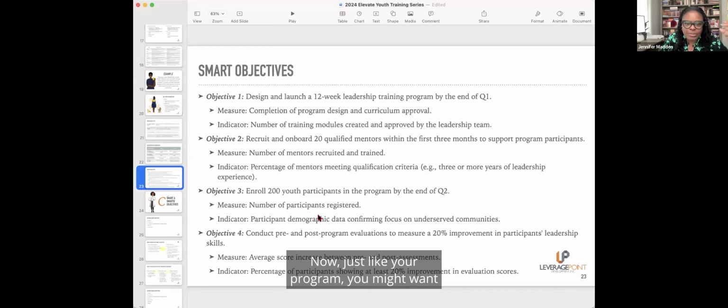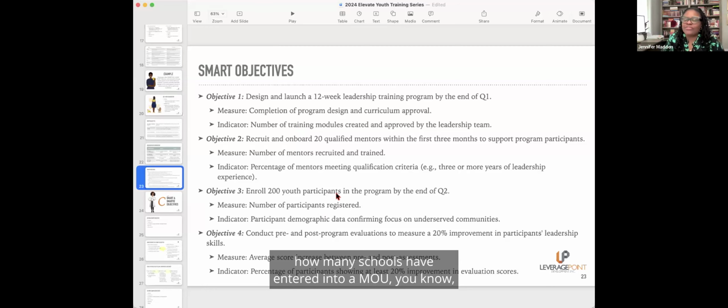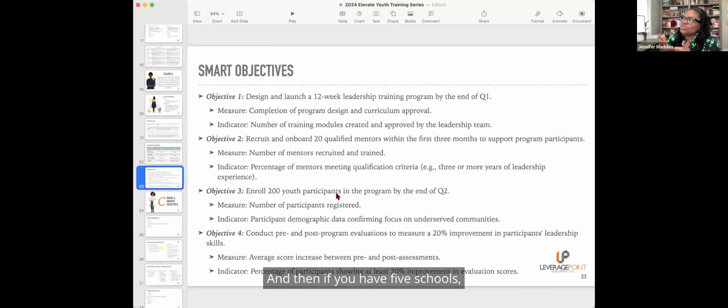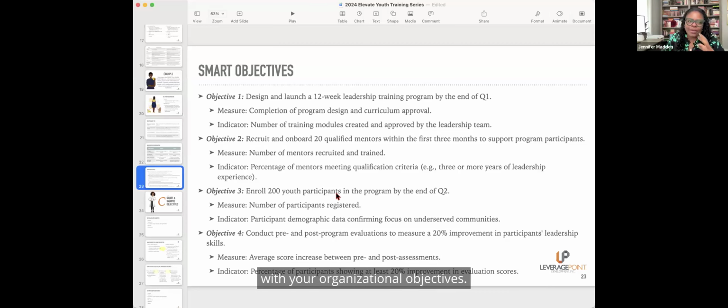Just like your program, you might want to enroll a certain number of youth in that, or again, the number of schools. How many schools have entered into a MOU, or the measure would be the number of MOUs. And then if you have 5 schools, now you know if you've met that indicator or not. And so now you can see how the logic model ties with your organizational objectives.